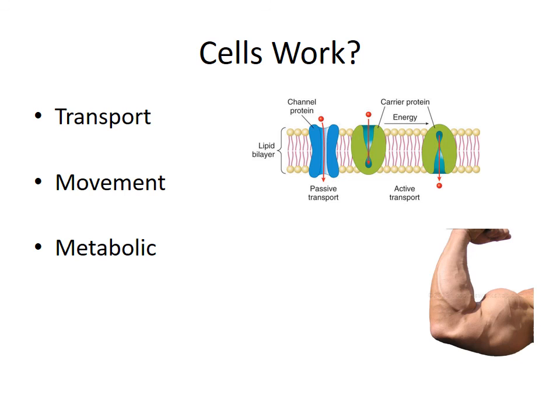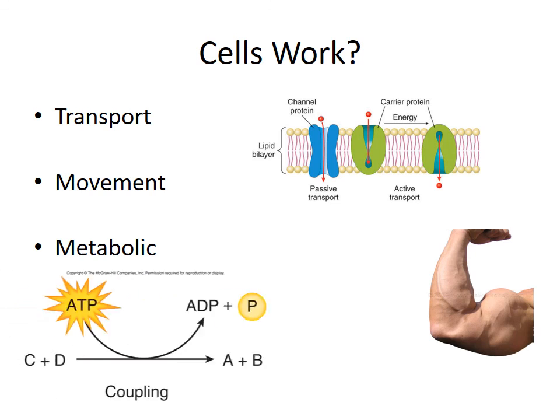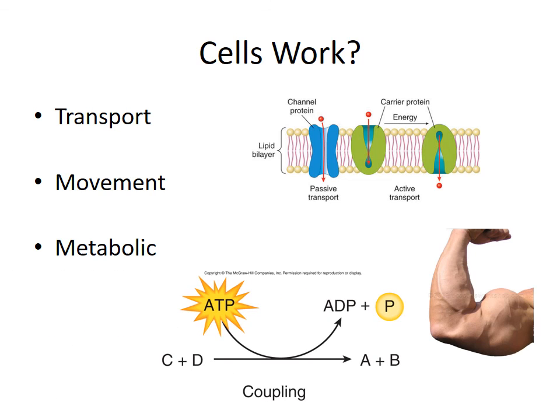And in order to do that, they have to use ATP. And then, of course, metabolic work. We're talking about chemical reactions where we're taking small monomers and putting them together to make big polymers. Every time we put them together, we have to use some energy. And so ATP provides that energy.